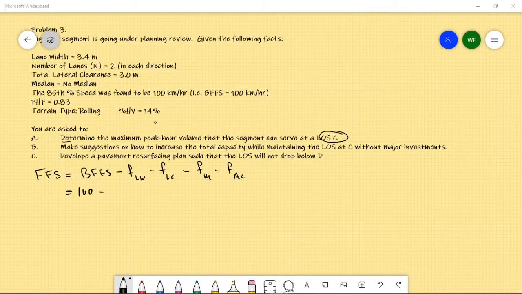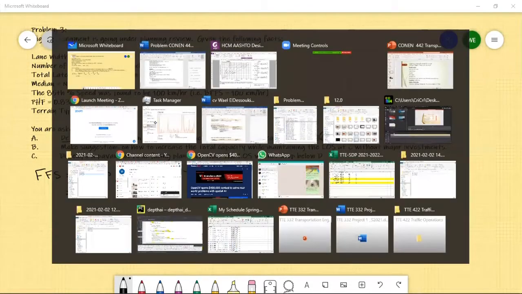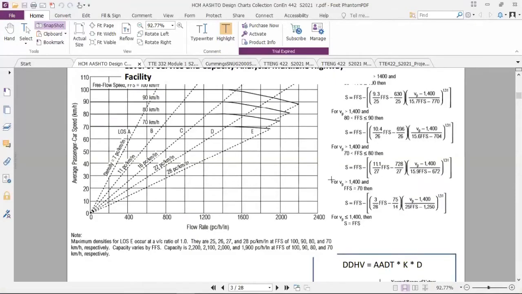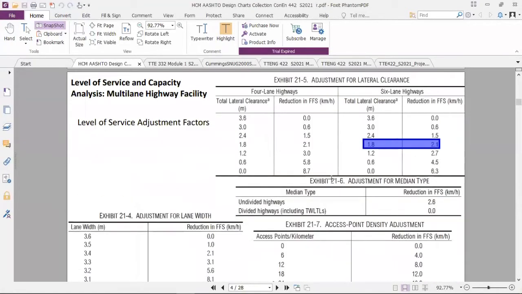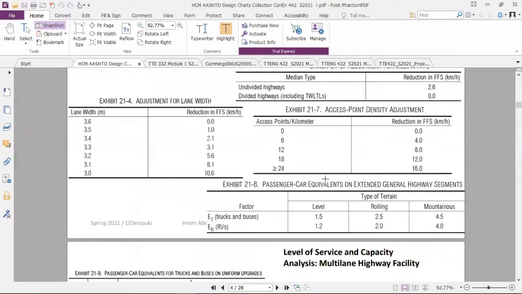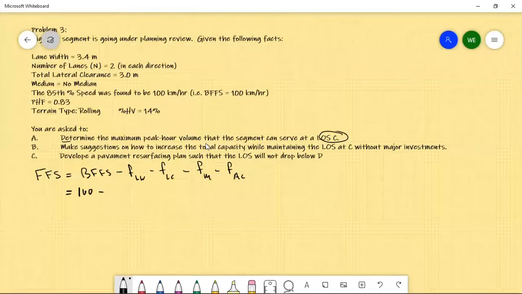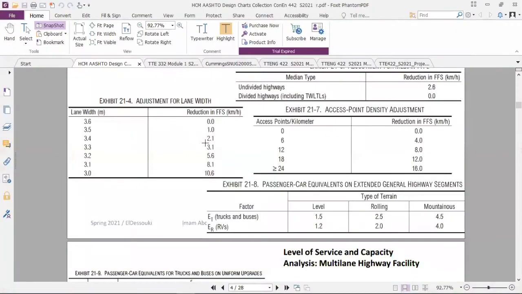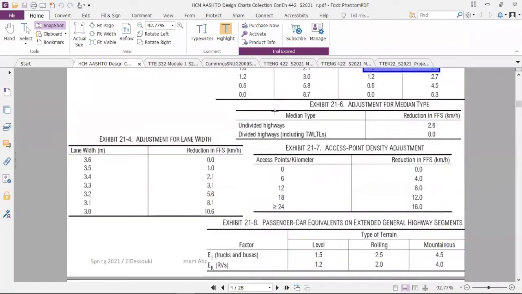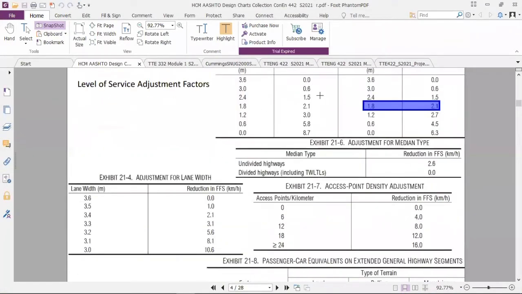So there is a reduction factor for the lane width. For 3.4, there is a 2.1 kilometers per hour reduction. The lateral clearance is 3, it's not 3.6, so there is also a reduction factor for the lateral clearance. For 3, there is 0.6.